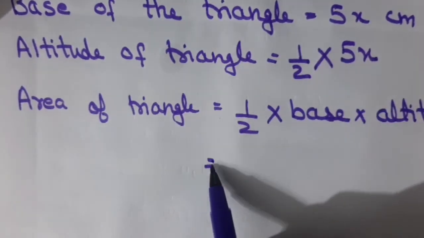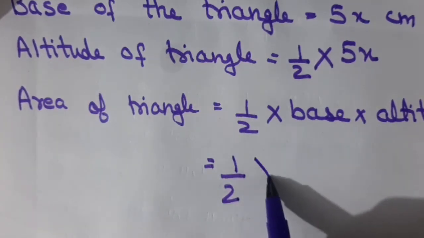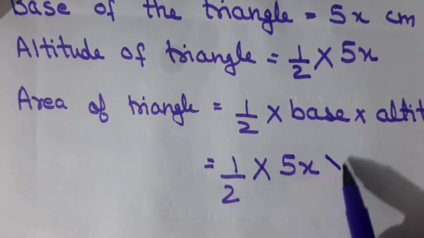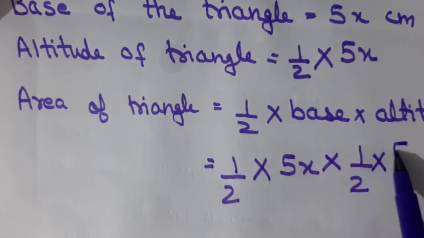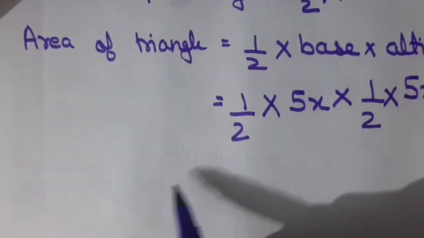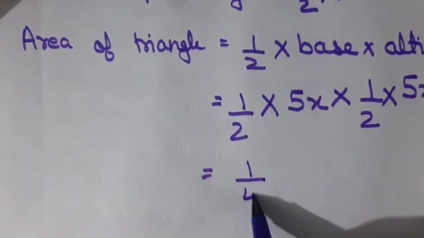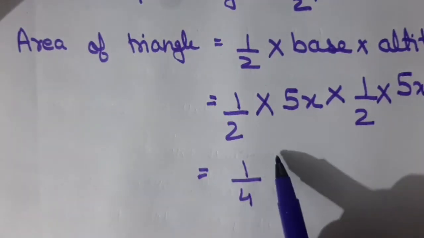Now we have to find out the area of the triangle. Area of triangle is half into base into altitude. So my base is 5x and altitude is 1 by 2 into 5x. Now I will solve this. 1 by 2 into 1 by 2, it will become 1 by 4. 1 multiplied by 1 is 1 and 2 multiplied by 2 is 2.